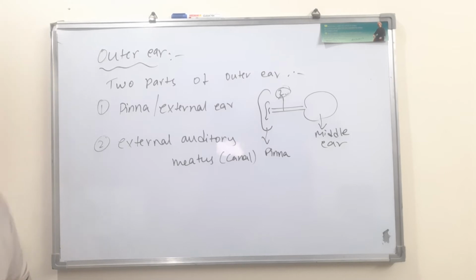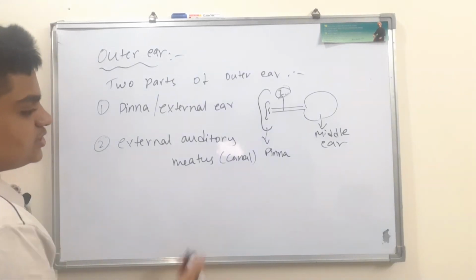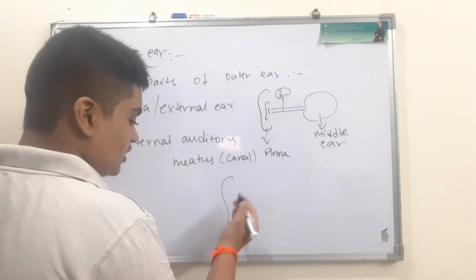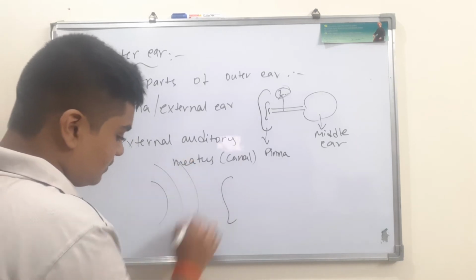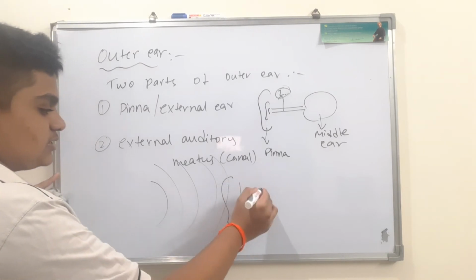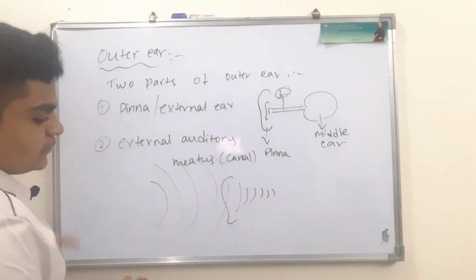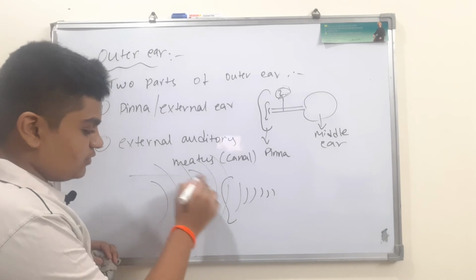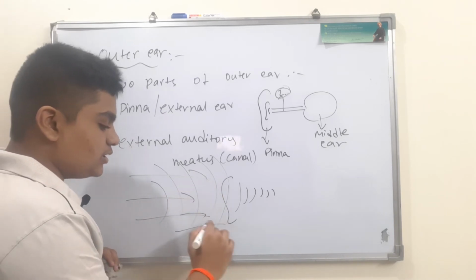The function of ear pinna, we already know, is that it collects external vibrations. If this is your ear pinna, it collects external vibrations and sends them inward. All the external vibrations from all different sides are collected by the ear pinna.